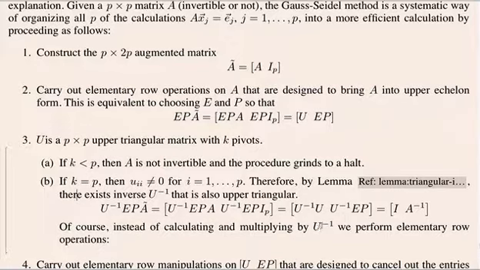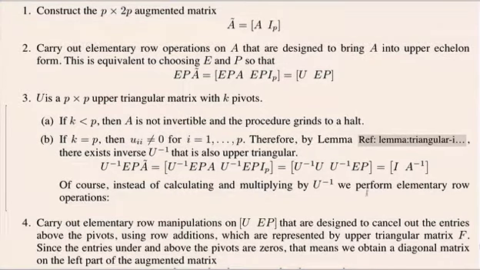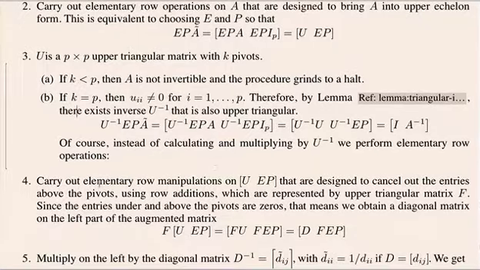Now, of course, we don't really want to calculate again an inverse. I mean, that's the whole point. We want to calculate the inverse of A. So instead of multiplying with the inverse of U, what we do is we perform elementary row operations until we get the identity matrix on the left here. Now, to carry out this sequence of elementary row operations, what we really have to do is, U is already upper echelon, so it might have entries above the diagonal that are not zero.